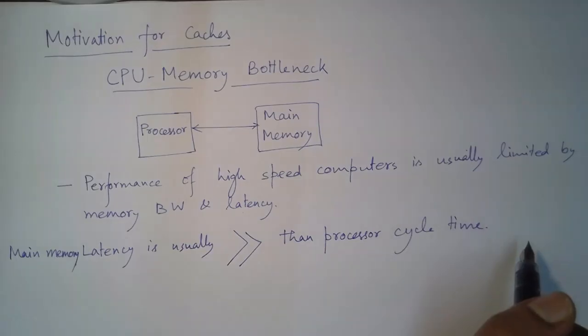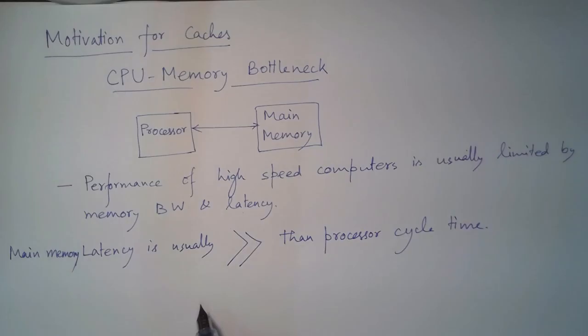So why is this the case? Because of how these different components evolved, how the processor evolved and how memory evolved. In case of memory, a very important aspect is that the density of memory has to be high.